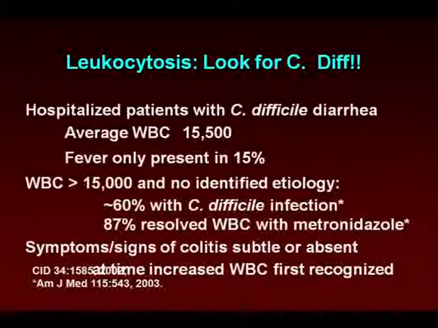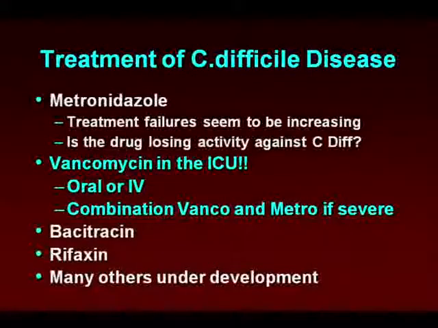So hospitalized patients with C. diff diarrhea generally have a white count of 15,000, but if you have a white count of 15,000 or higher, and they don't have any other etiology, consider getting a C. diff test even if they don't have a liquid stool, because some of those patients will have C. diff, and if you treat them early, they'll avoid some of the complications that occur later on.